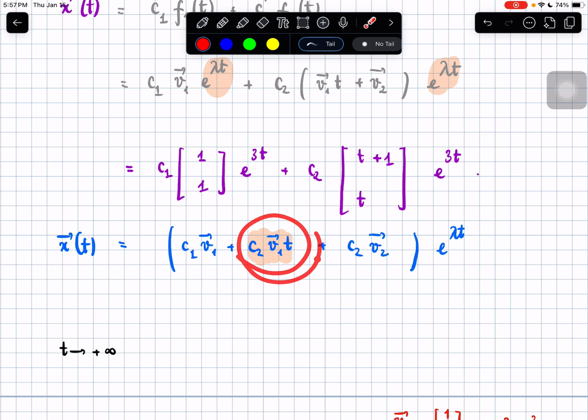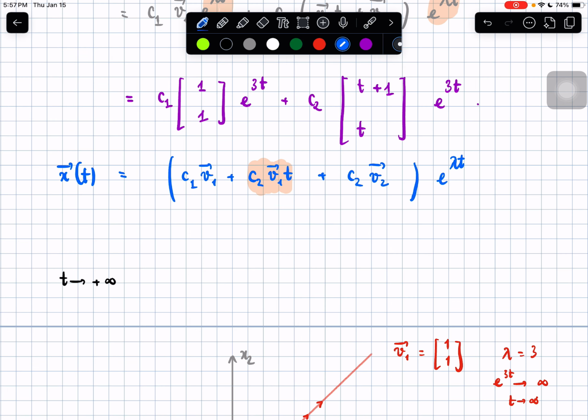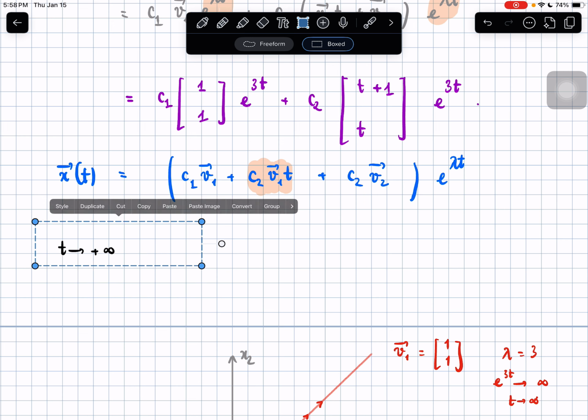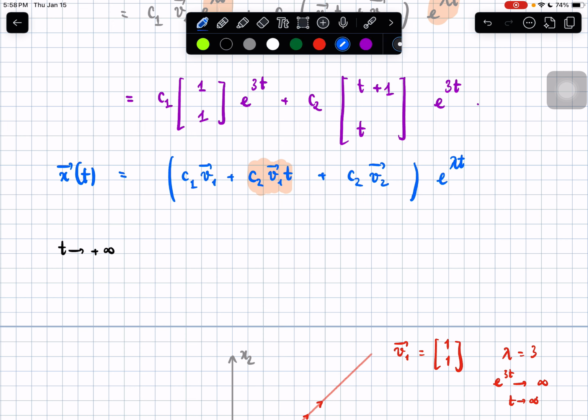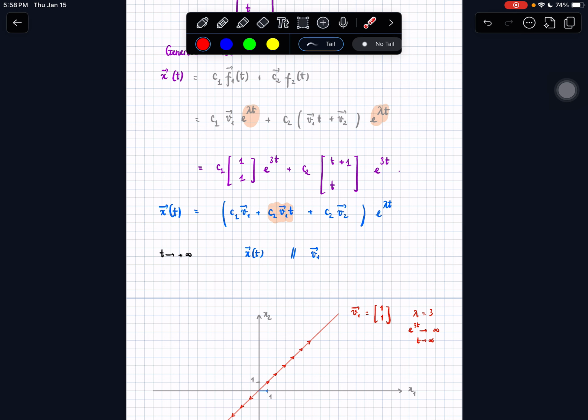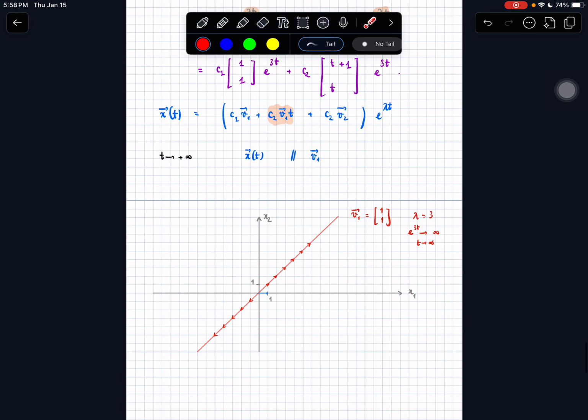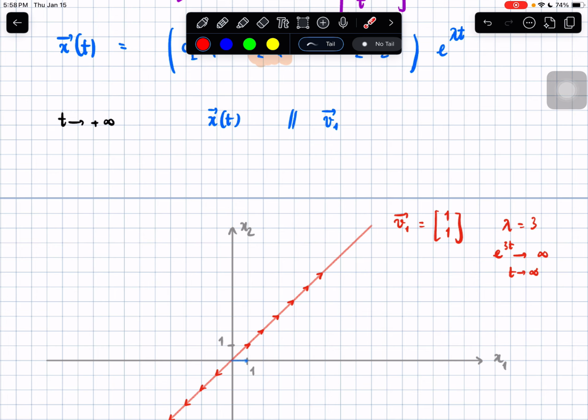So the solution will just be dominated by v1. x(t) is parallel to v1. So that's the first thing we see. When t is so big, it is parallel to v1. So something like this. We don't know how yet, but we know that it has to be parallel to the red one.